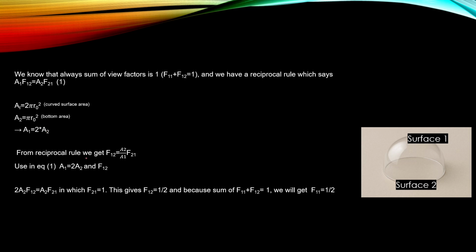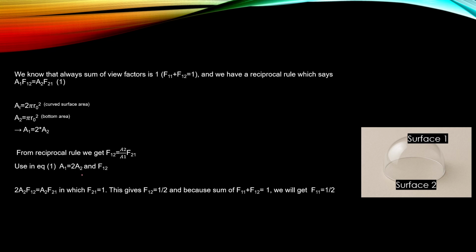From the reciprocity rule we get that F1 to 2 is proportional to the surface areas times the view factor 2 to 1. We already calculated that A1 is 2 times A2.